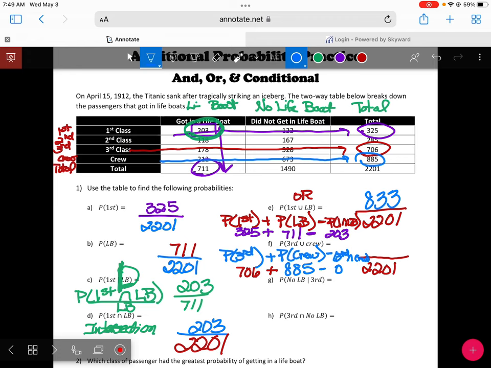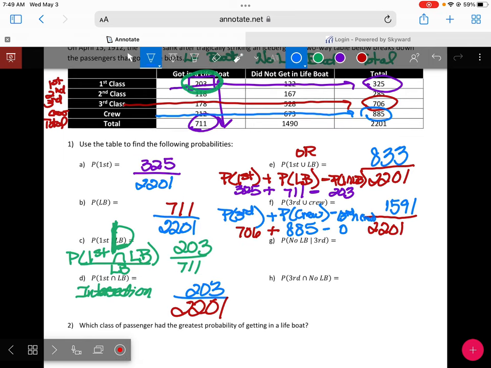What amount are we getting? Genesis, did you get a total? 1,591. Yes. Very good. You were right. Any questions about how I got that? Okay. All right. Letter G.